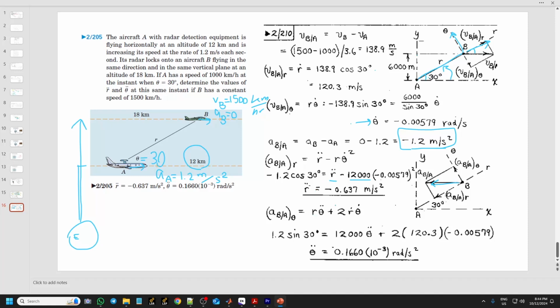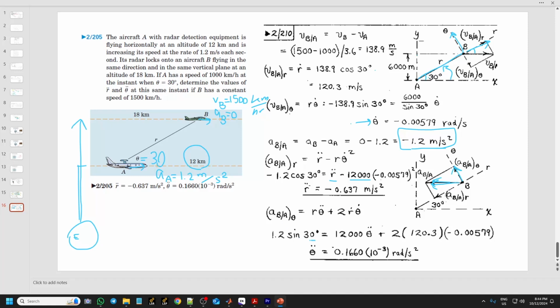And again, for r theta double dot plus 2 r dot theta dot, AB over A in theta direction after decomposing. This is ABA, as I said. And in theta direction, it will be this way. It is positive.